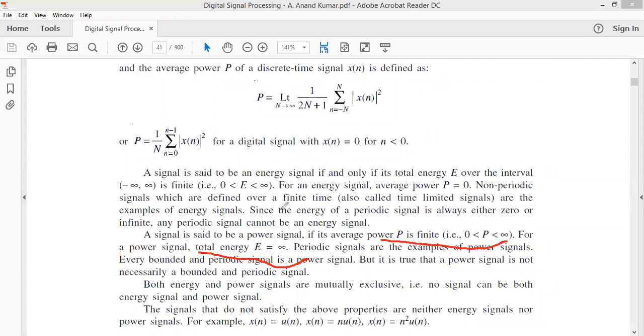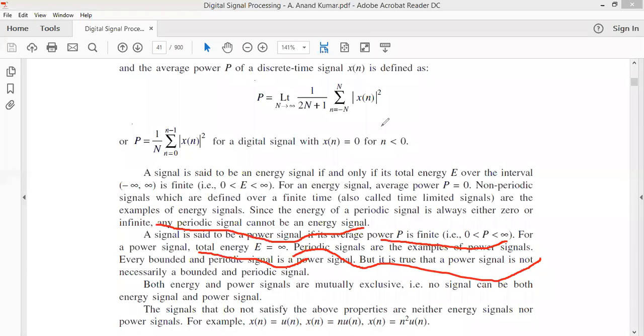The energy of a power signal is always either zero or infinity. Any periodic signal cannot be an energy signal, whereas periodic signals are examples of power signals.